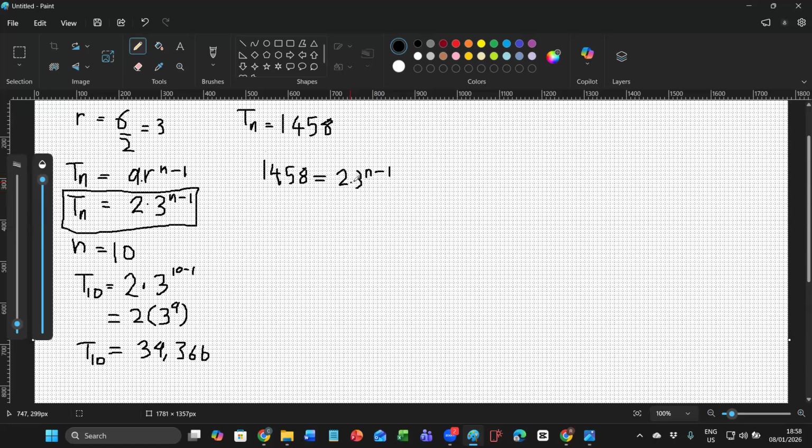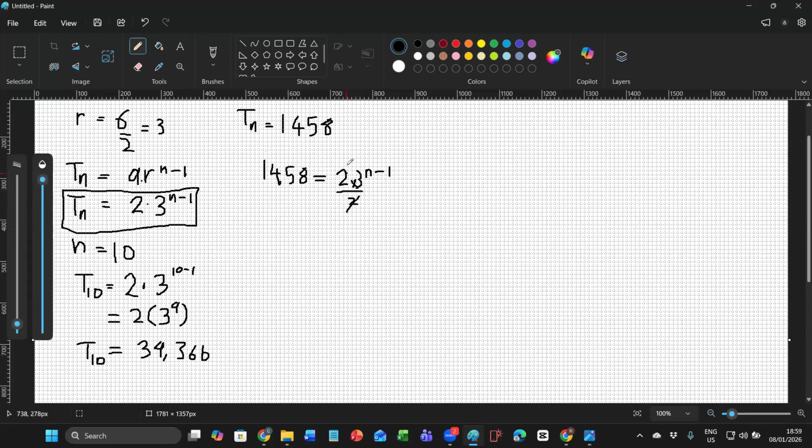Because this is multiplication, sometimes that can start looking like decimal points when it's not. So what we need to do is take care of this 2 by dividing both sides by 2.